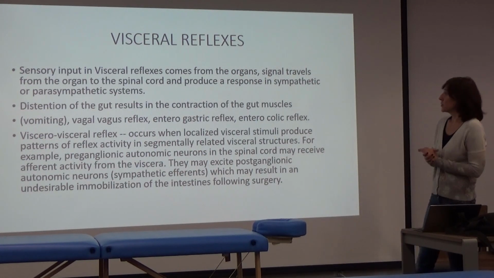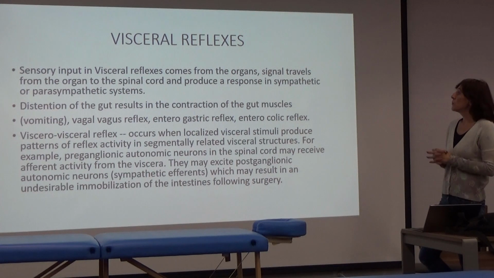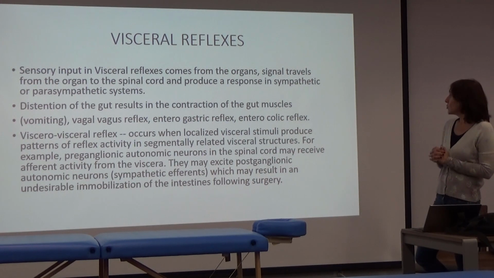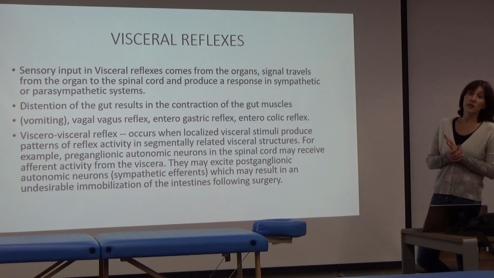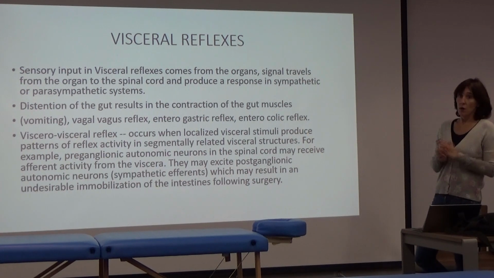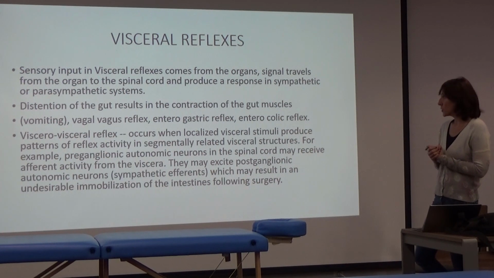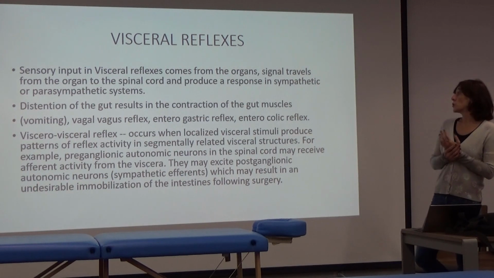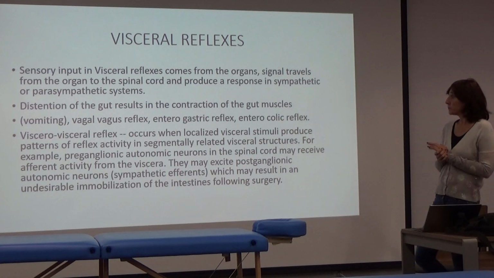Now, visceral reflexes. These come from sensory input in viscera, so from organs, and the signal travels from the organ to the spinal cord and produces a response in the sympathetic or parasympathetic system. Of course, it's also unconscious. So, for example, distension of the GIT results in contraction of the GIT muscle.